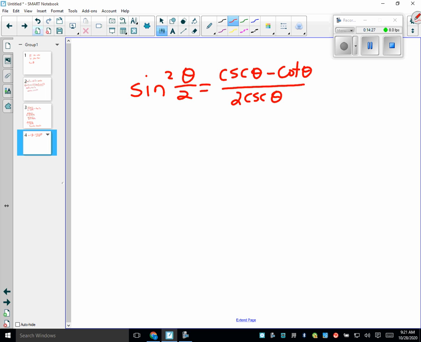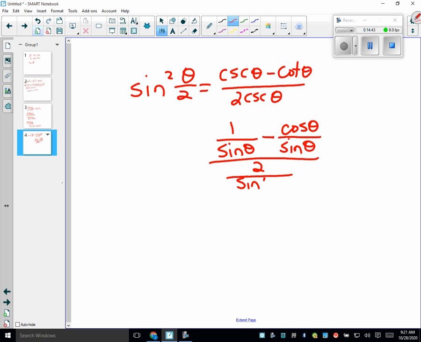So I have 1 over sine theta minus cosine theta over sine theta over 2 over sine theta. Right? Yep. So the 1 cancels the sine, and you get 1 minus cosine theta over 2. That doesn't sound right. It is right.